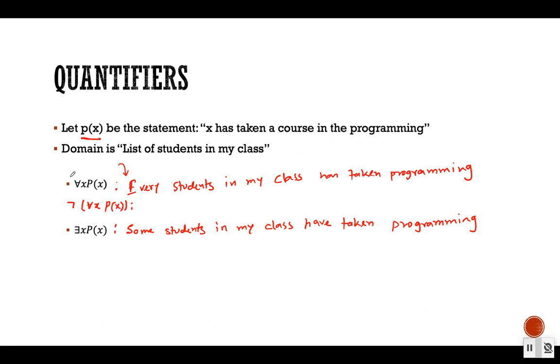This one represents that every student in my class has taken a programming course. But if we use the negation, more naturally it means that not every student in my class has taken a programming course. Maybe some of them have, but not every student. So we are saying that there are some students who haven't taken the programming course.